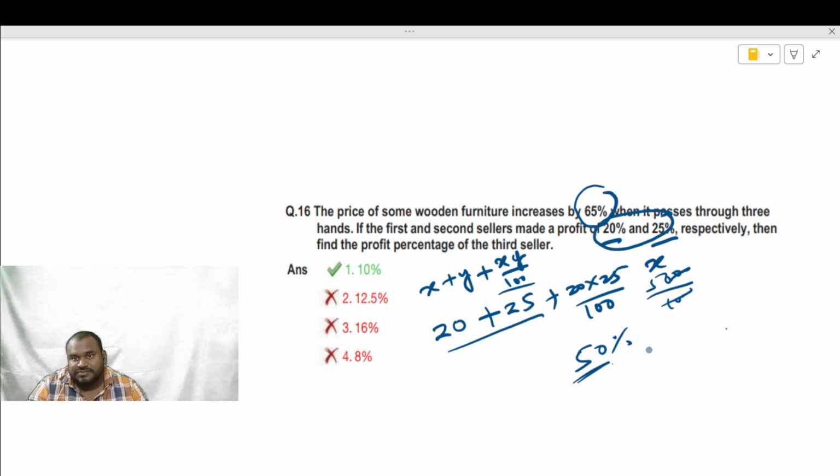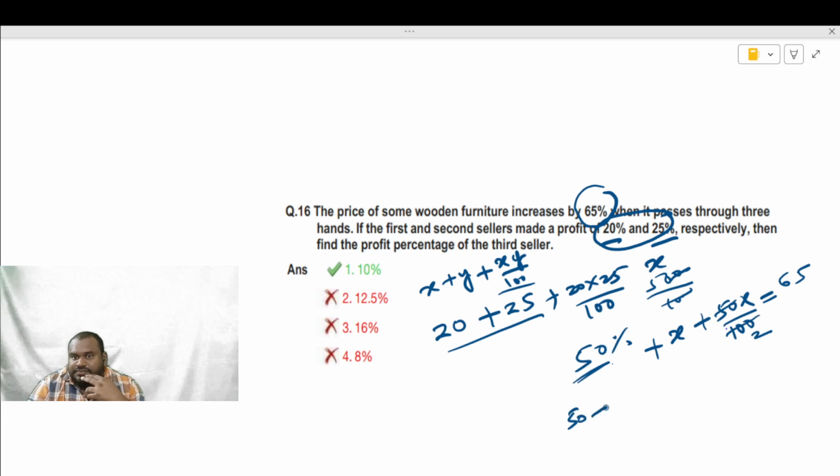Now there is one more profit, so it is 50 plus X plus 50 into X by 100. This should become equal to 65. So 50% is 50 you have to take.